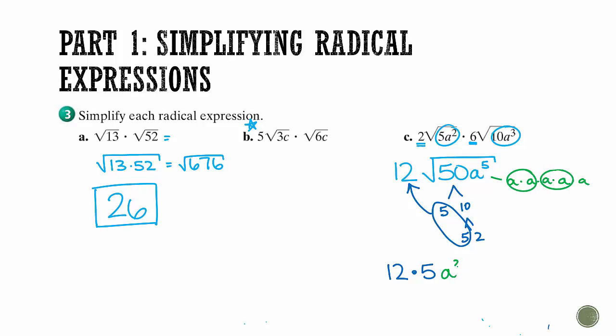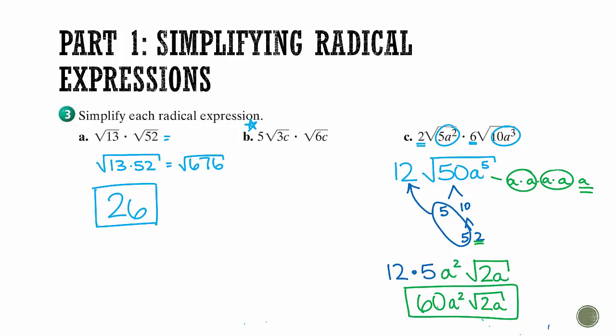So a squared. There's 1 guy left inside. And remember, there's also this 2 left inside. So once we simplify this, 12 times 5 is 60. A squared times the square root of 2a. And that's the simplest form of C.